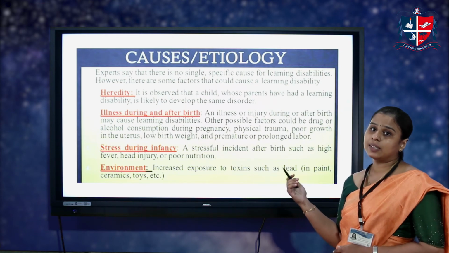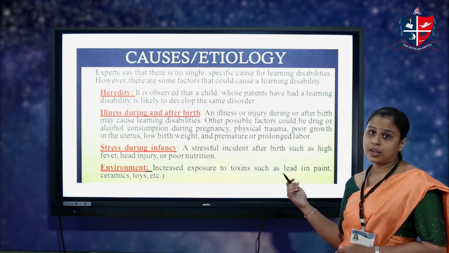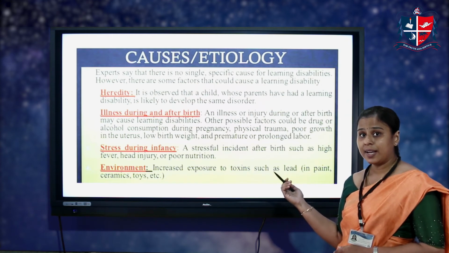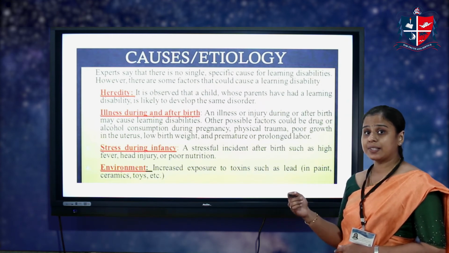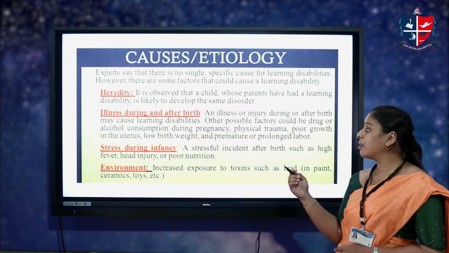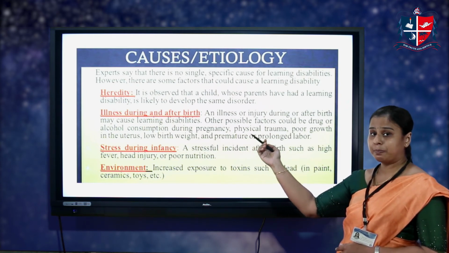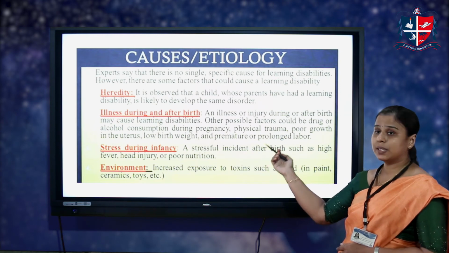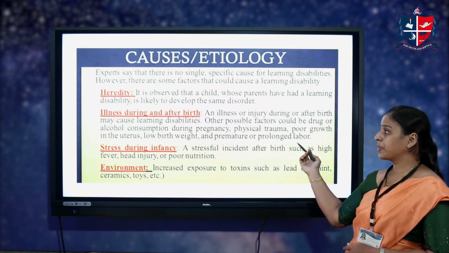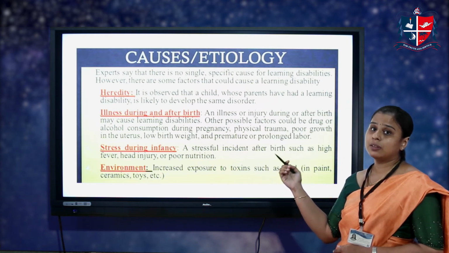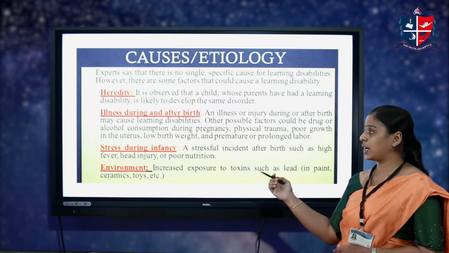If the child's mother is an alcoholic, if there are premature difficulties, any physical illness during pregnancy, low birth weight, premature birth, or prolonged labor, this may affect the learning ability of the child.